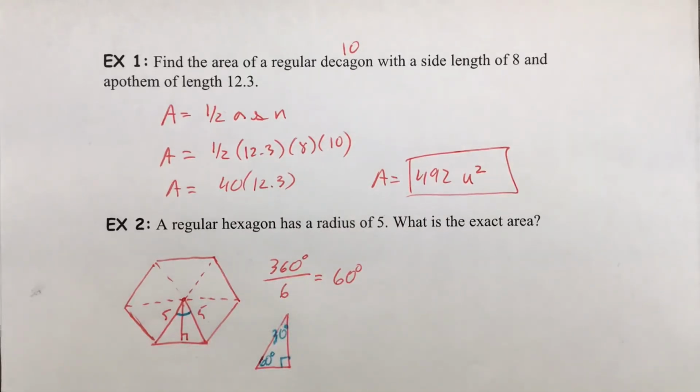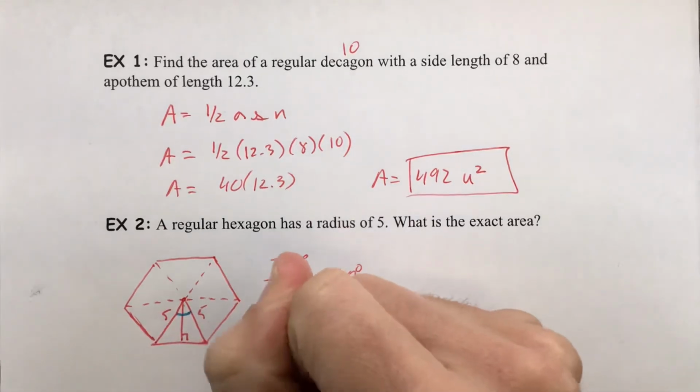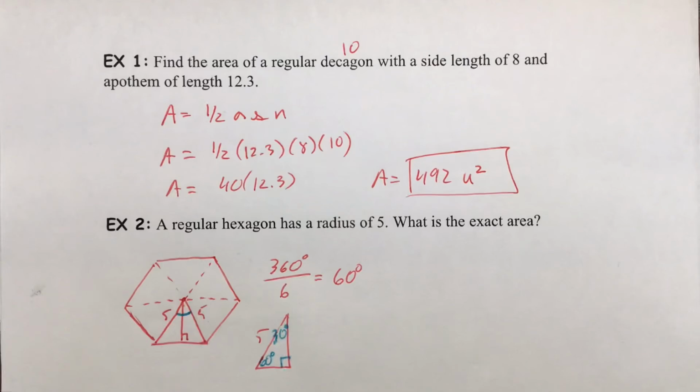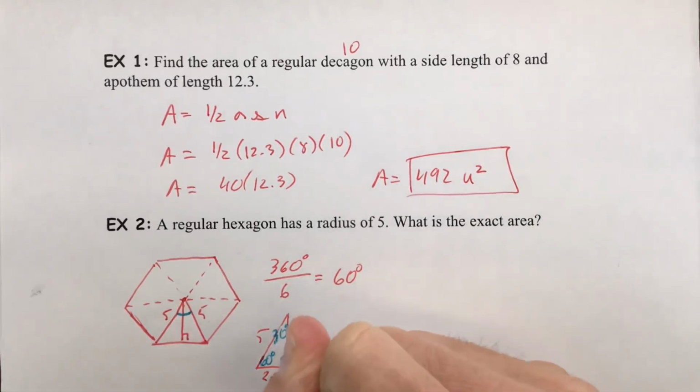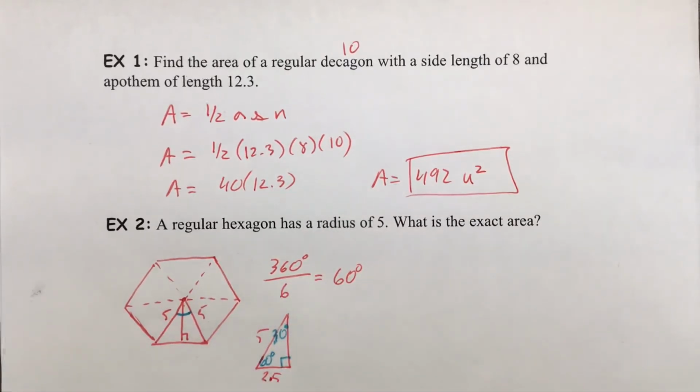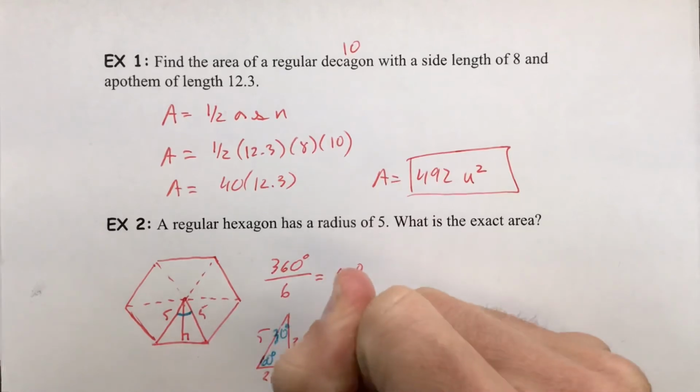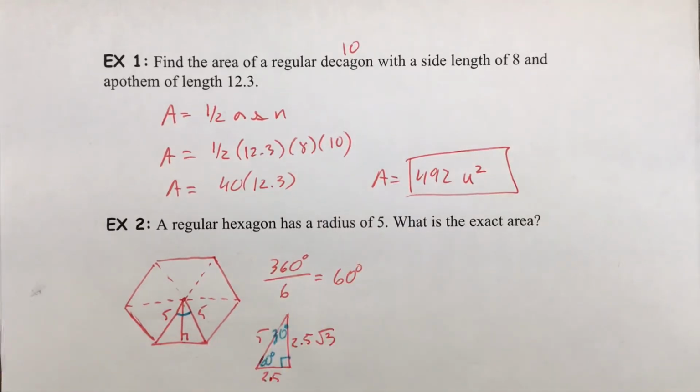So we actually have a 30, 60, 90 triangle with a hypotenuse of 5. And in a 30, 60, 90 triangle, the hypotenuse is going to be twice the length of the short leg, which makes this 2.5. And the longer leg is going to be the length of the short leg times the square root of 3. So this is 2.5 times the square root of 3.